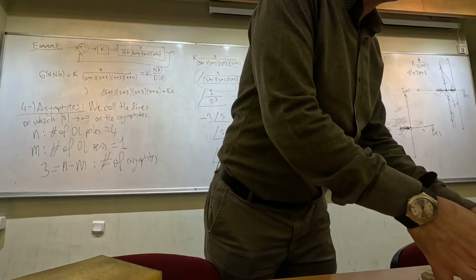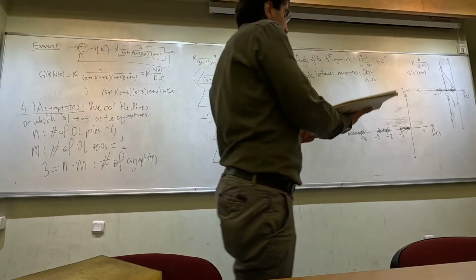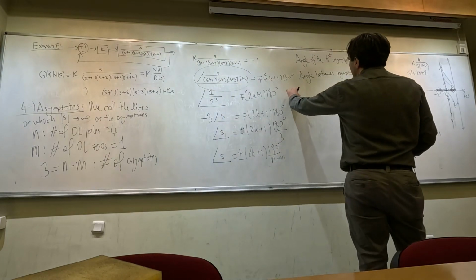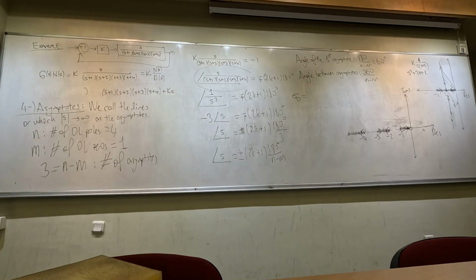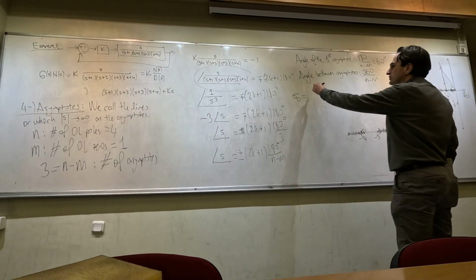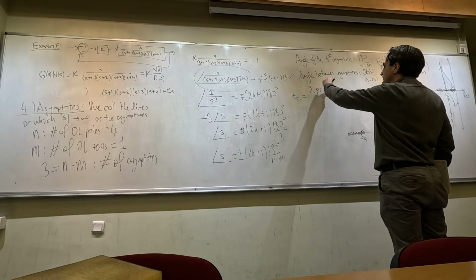So in general, in order to be able to derive the asymptotes, we also define the intersection points of the asymptotes. Unfortunately, we will not be able to derive the formula. I will just give you the general formula for this case.